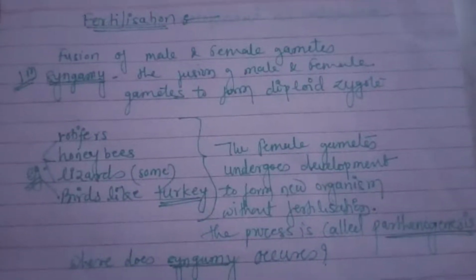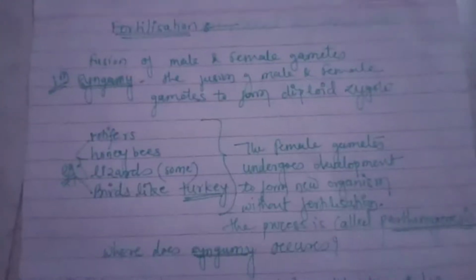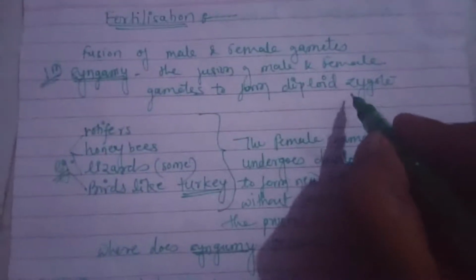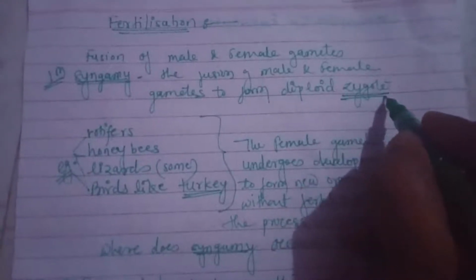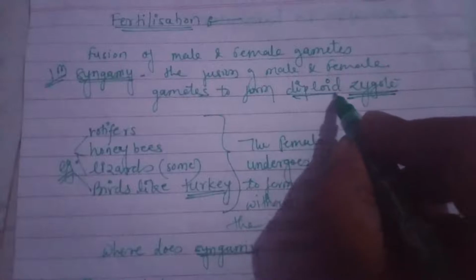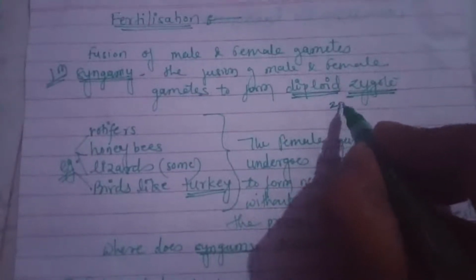This zygote is also diploid in nature, that is, it has 2n number of chromosomes.